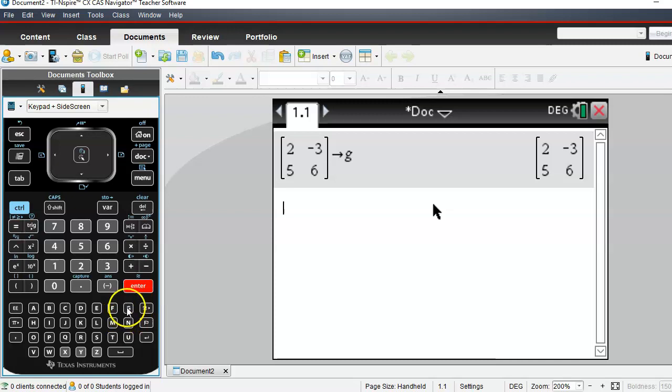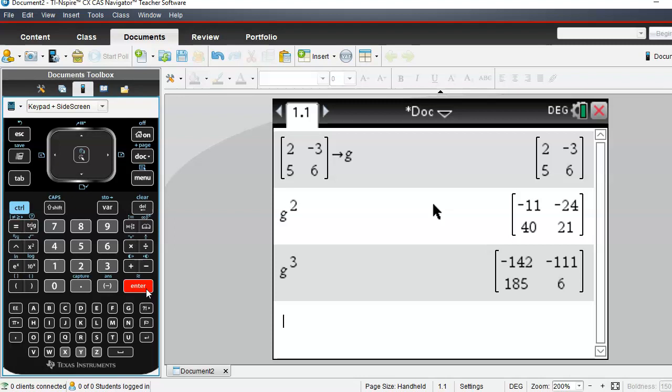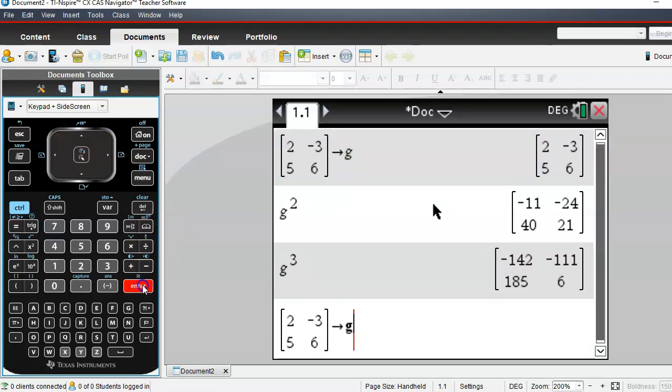Okay, so now if I go G squared, you can see I get my G squared there. And if I go G cubed, there it is there. I get the same result.